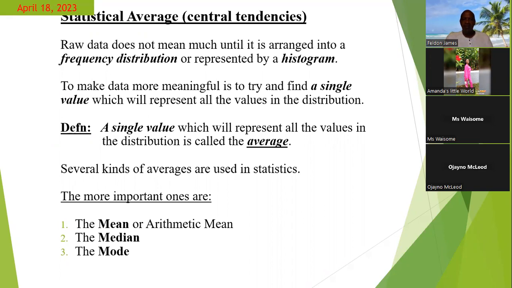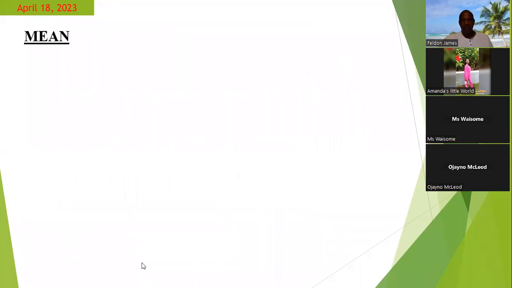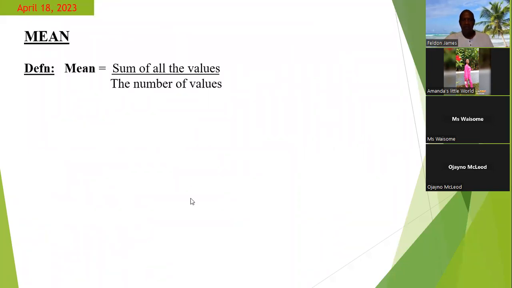Now, because these values often tend towards the middle value, they are also called central tendencies. Central means the middle, tendency means that's where they tend towards. All right, so we're going to start off looking at the mean.